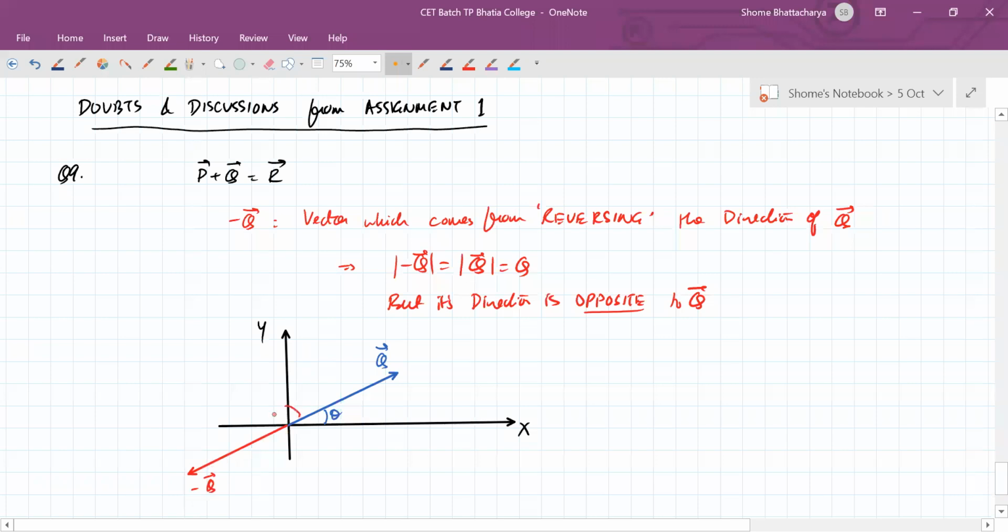This will be, okay, so this angle will be 180 degrees, which means now this angle will be theta, okay.